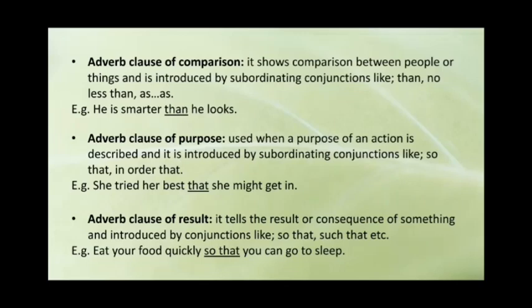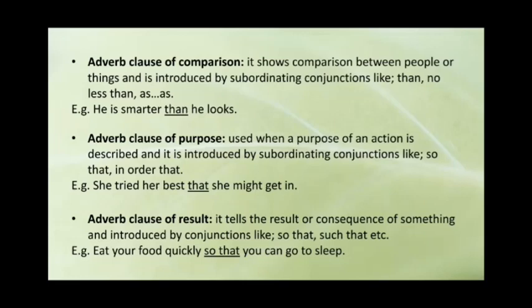For example, he is smarter than he looks. So here you can see it is compared, the looks and him being smarter. So he is smarter, with the subordinating conjunction than he looks. The way he looks doesn't show that he is that smart.